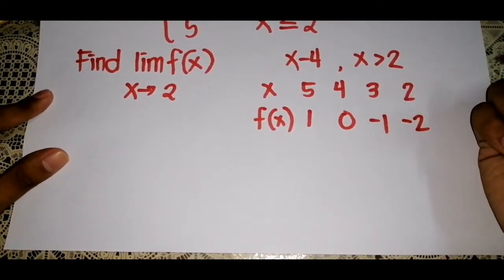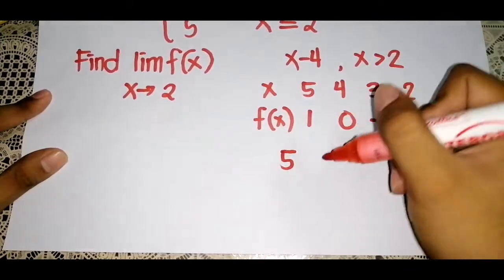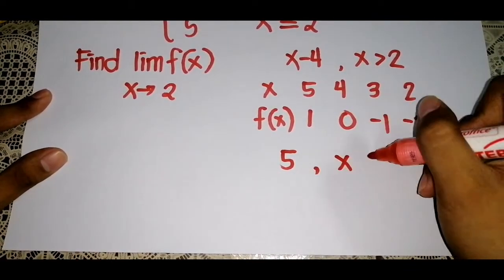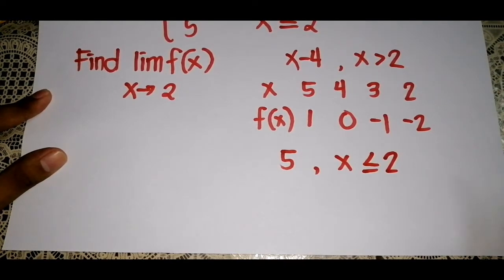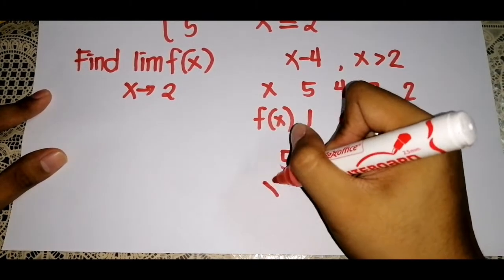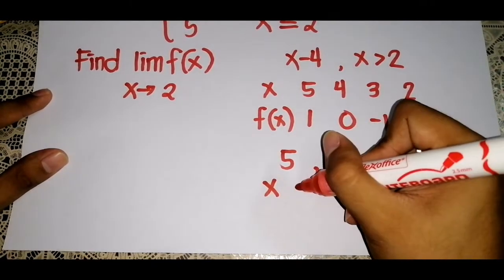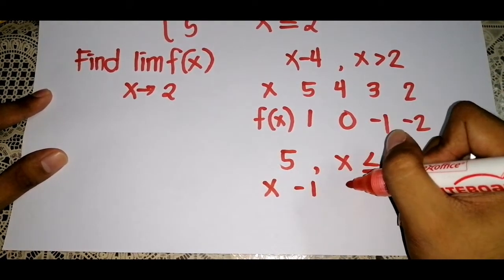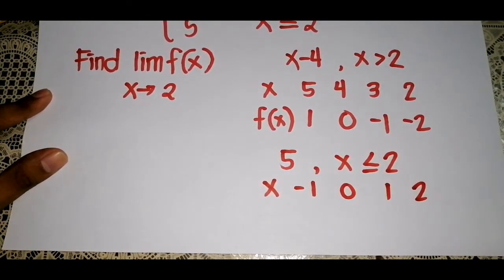Try naman natin yung second function, which is 5 when x is less than or equal to 2. So, ano yung mga values na less than or equal to 2? We will use negative 1, 0, 1, and approaching 2.